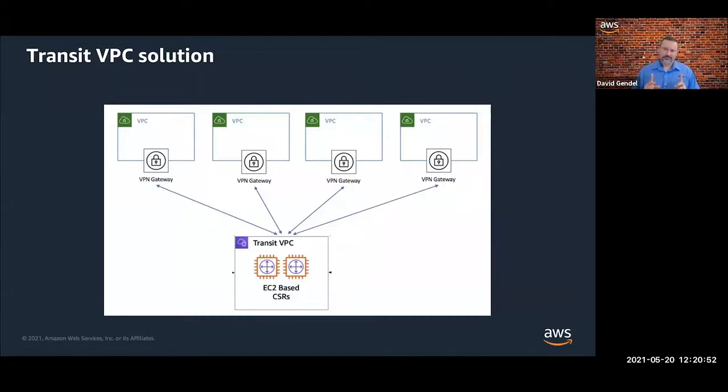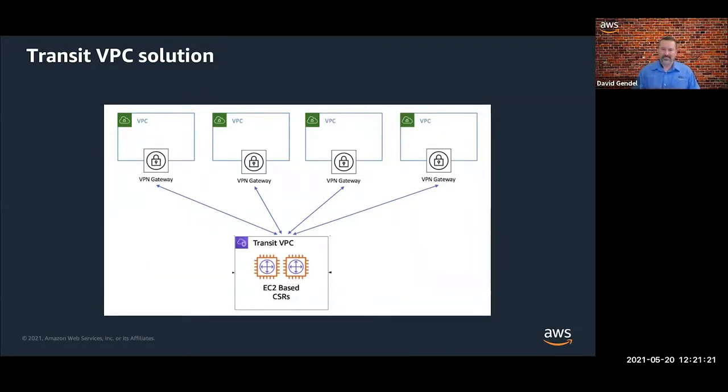Now, it's a solution, so the transit VPC solution does bring its own challenges as compared to transit gateway, which is a native service. The transit VPC solution solves some of the same problems, but because you are running this, right? This is a solution where you're going to set up a VPC, you're going to deploy your EC2 instances running your third-party software. What this means is that you do have higher costs.